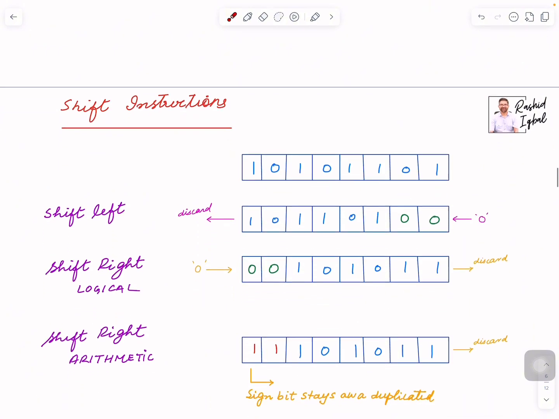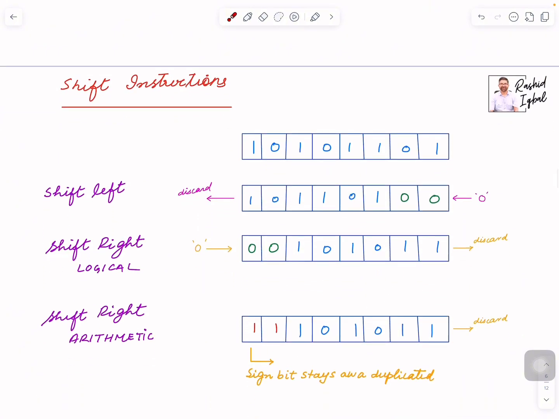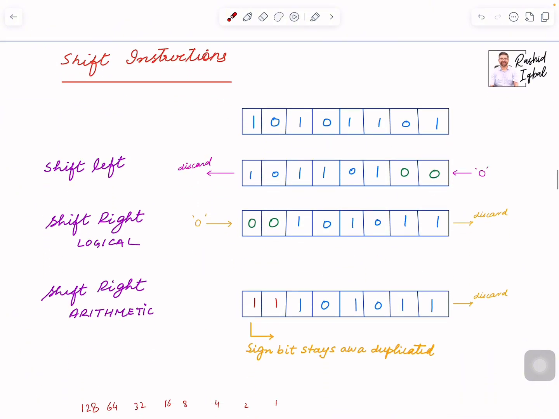After that, we started looking into shift instructions, where there is a shift left and a shift right. Both of these are logical, where zeros are fed in on the side we are feeding. Shift right is here, so we're feeding zeros here. Shift left is this one, so we're feeding zeros here.